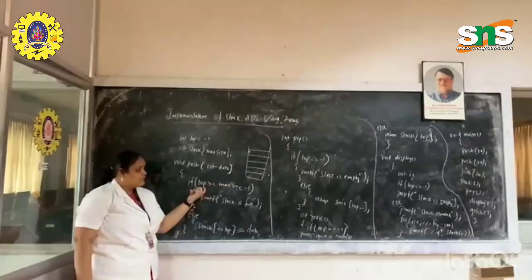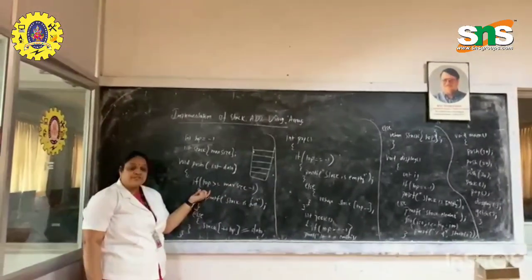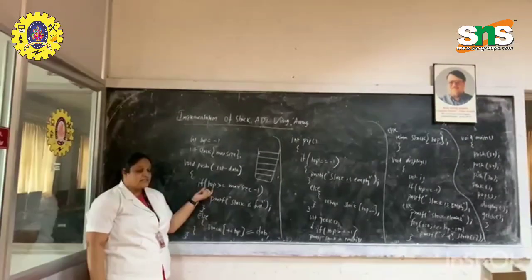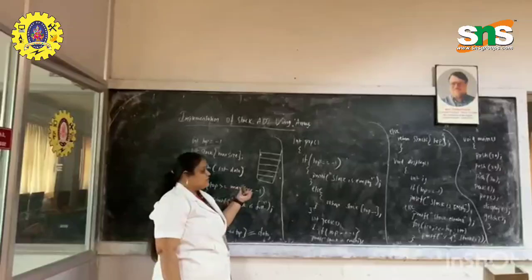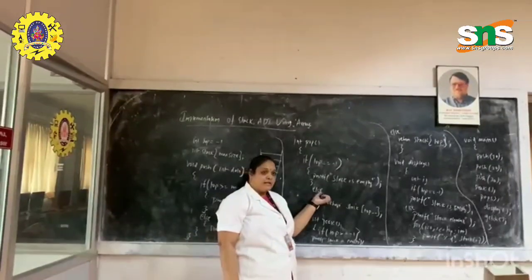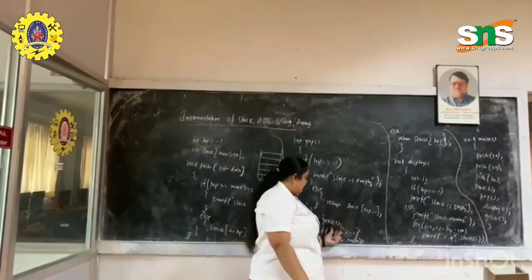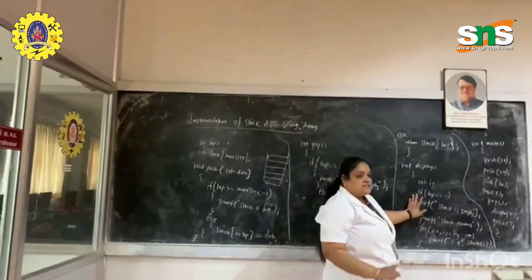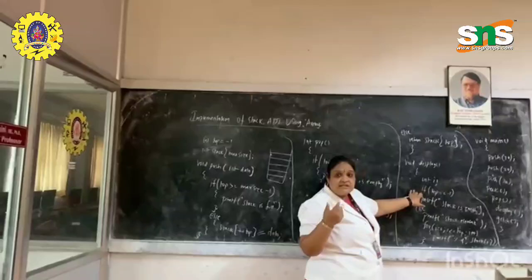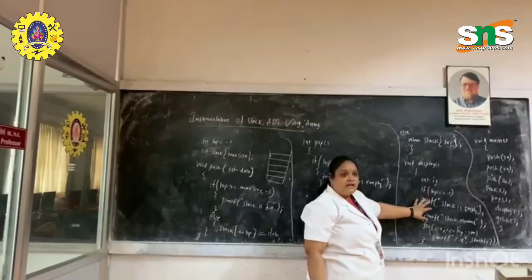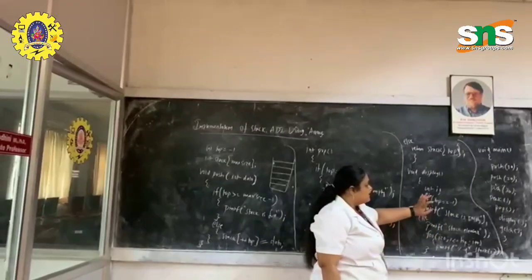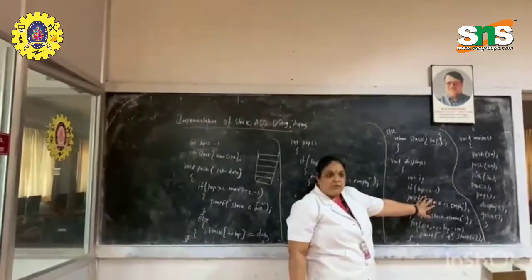I have written sub-functions: push is for inserting data elements into the stack, pop is to delete data from the stack, and peak is to find the top element. Once the stack is ready and we have inserted all the elements, we also display it. So let me start with the main program here.